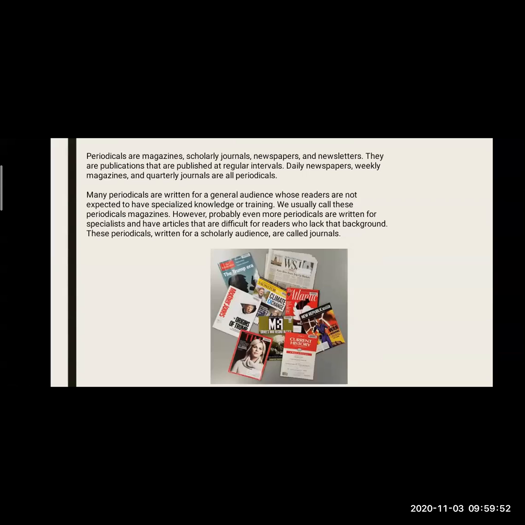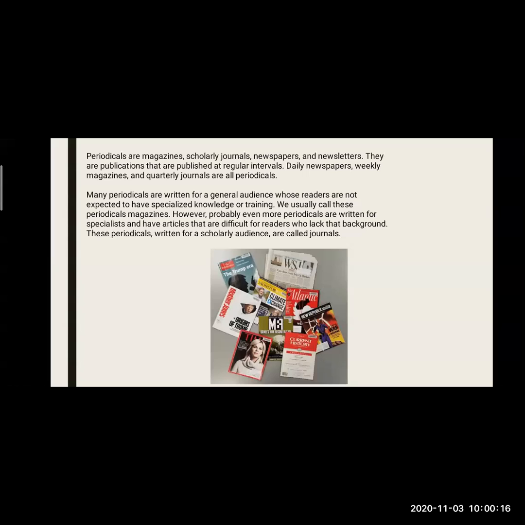A newsletter is a printed or electronic report which contains news concerning the activities or business of an organization that is sent to its members, customers, employees, etc. So they are publications that are published at regular intervals. Daily newspapers, weekly magazines, and quarterly journals, in three months, are all periodicals.